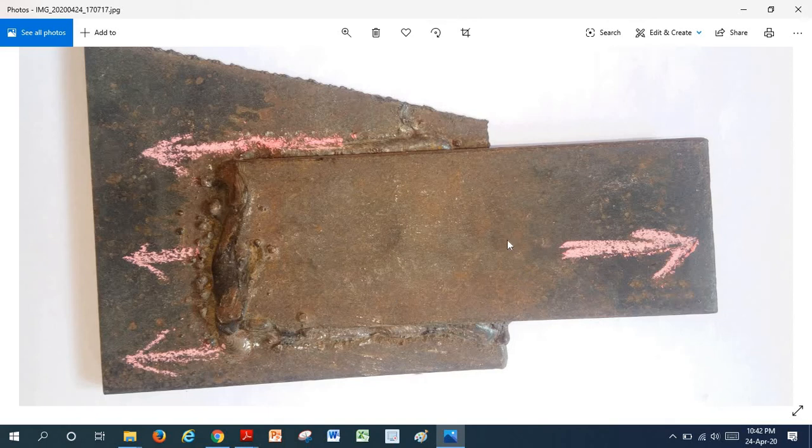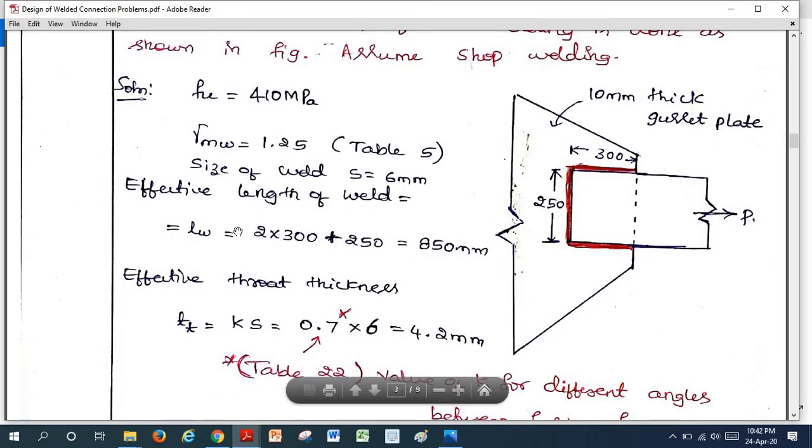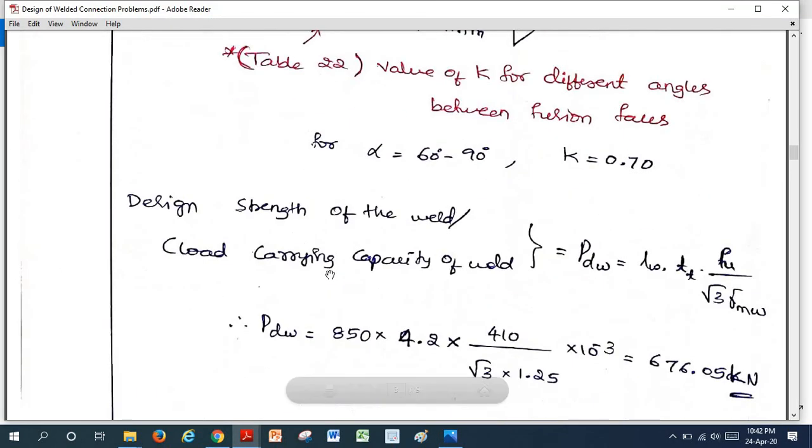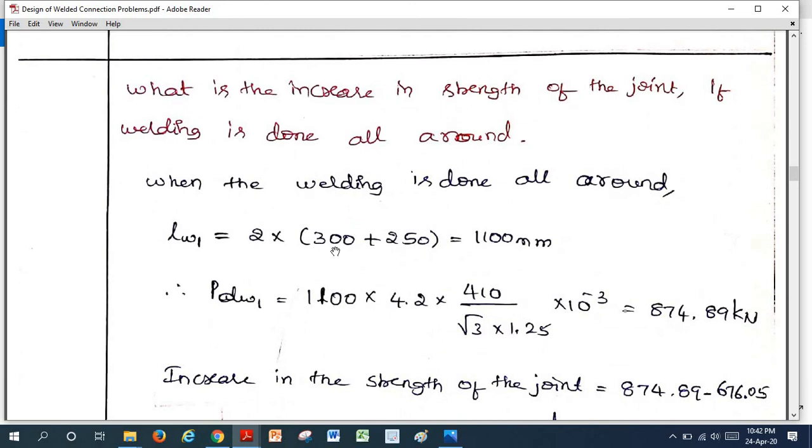One side, again two sides same height, that is 250 plus 250, 500, 300 plus 300, 600. If you provide 4 sides of welding, one side, two side, three side, the bottom of this plate you can go for another side, that is the fourth side. So total length of the weld becomes 2 times 300 plus 2 times 250, that comes out to be 1100.